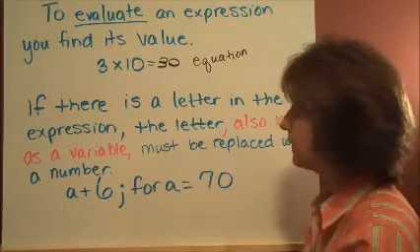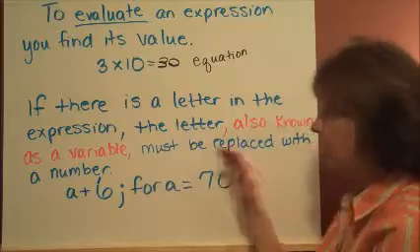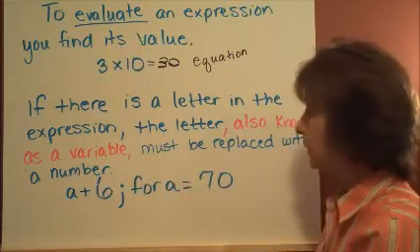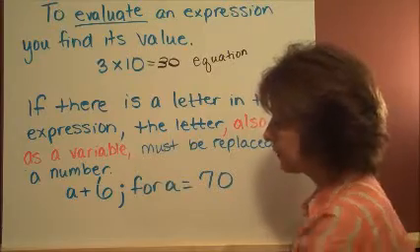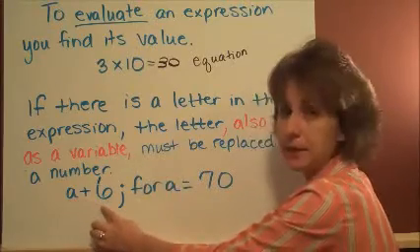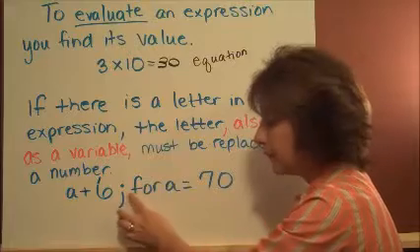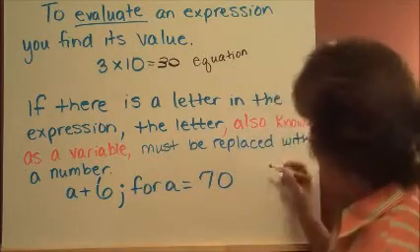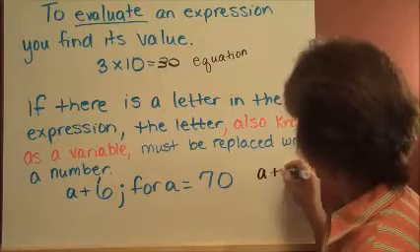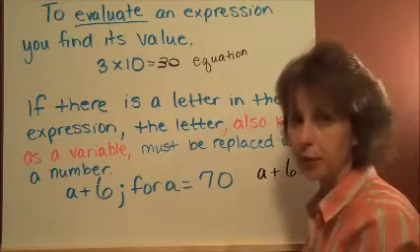If there is a letter in the expression, then the letter, also known as a variable, must be replaced with a number before it can be solved. So a plus 6, a equals 70. A plus 6 is my expression.